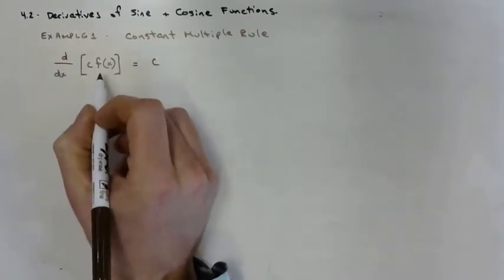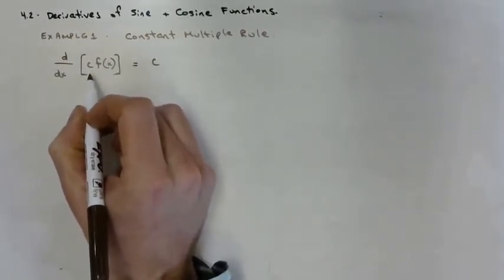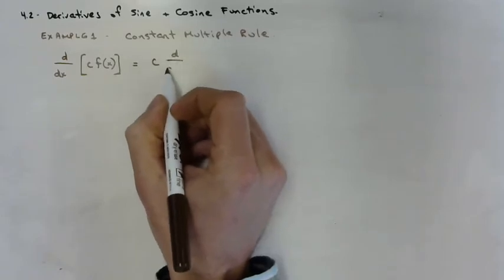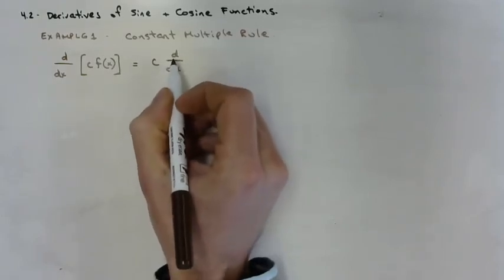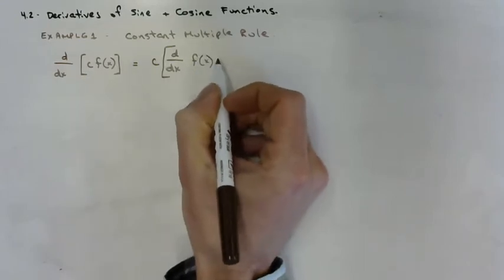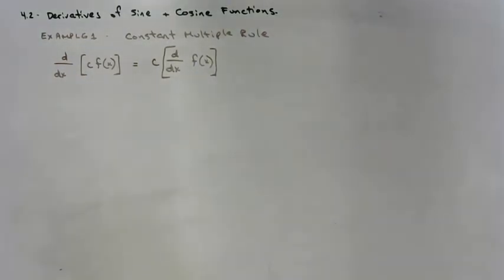So the derivative of a function multiplied by a constant is the same as the derivative of that function multiplied by the constant. Constant multiple rule.